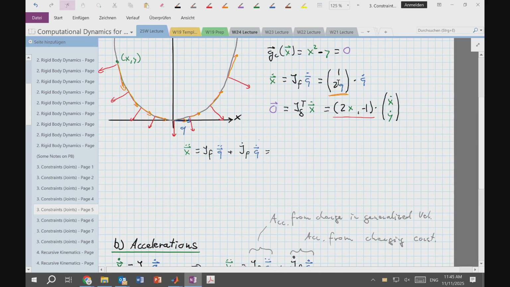This was Jf, 1 over 2q, times q double dot plus, and now I need Jf dot. So that's 0 and 2q dot. Right? The time derivative of 1 and 2q is 0 and 2q dot, which get multiplied with q dot.